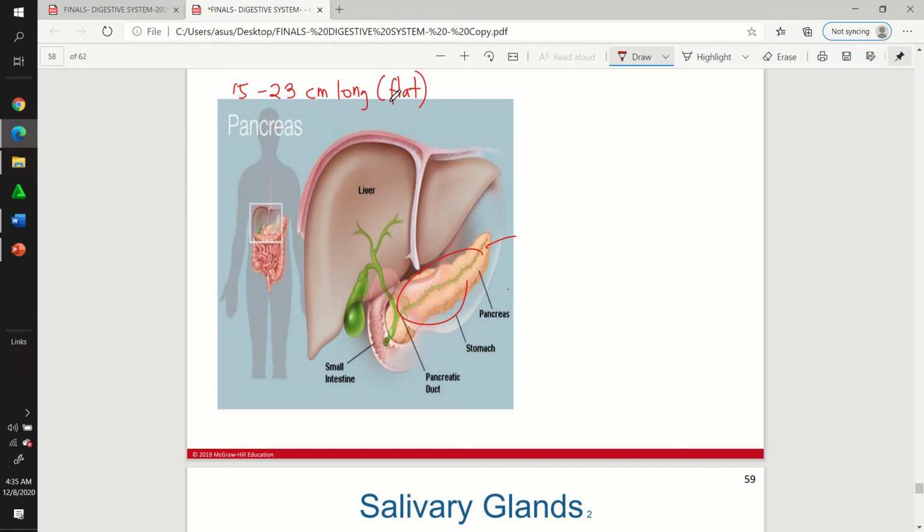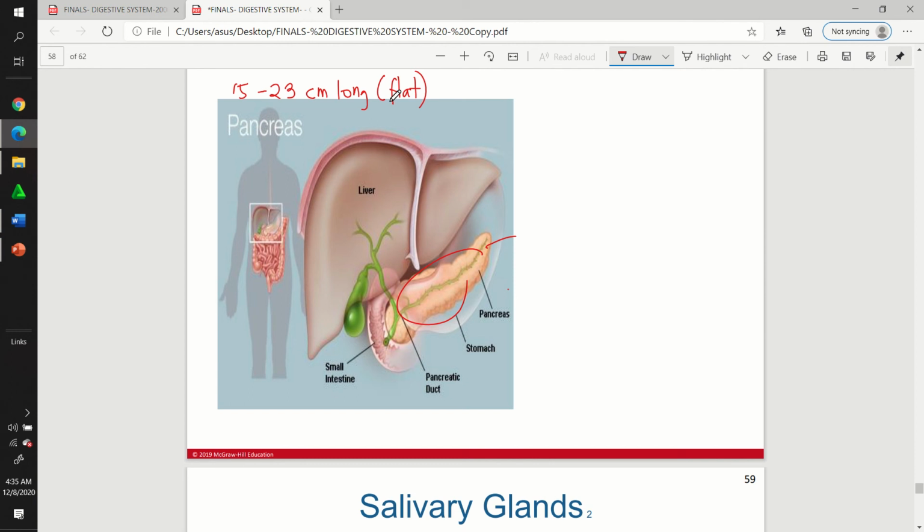Remember that your pancreas secretes more than 1,000 ml of digestive enzymes every day going to the pancreatic duct, to your duodenum.